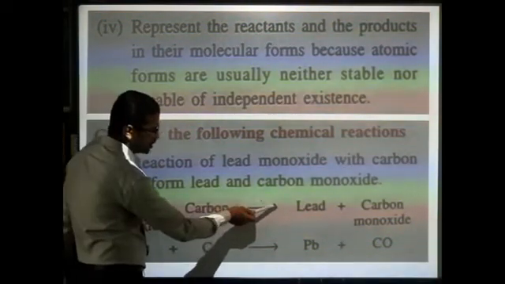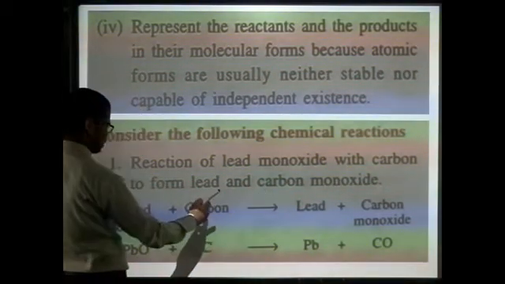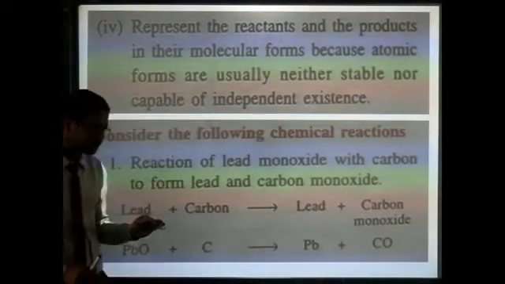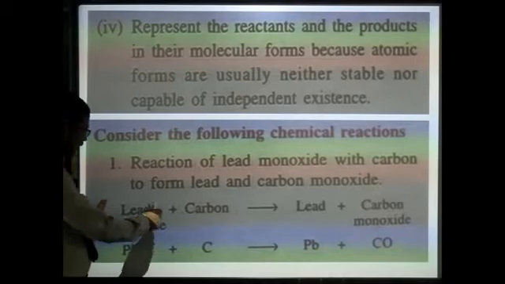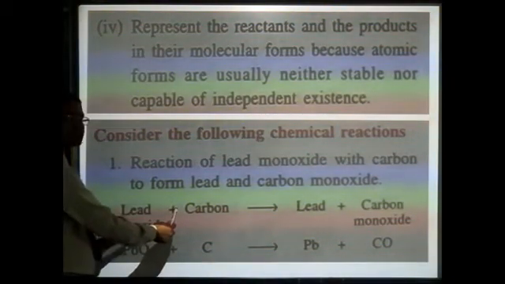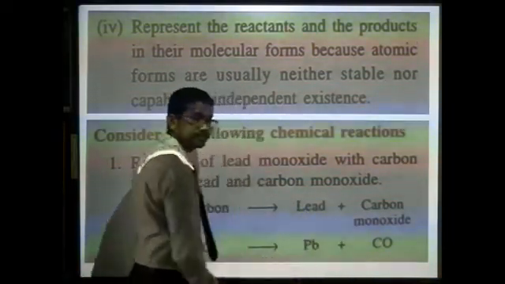And this is the arrow which separates. That means the left hand side of this arrow is the reactants, and the right hand side of this arrow is the products. There are two reactants, that's why there is plus, and there are two products, that's why there is plus.